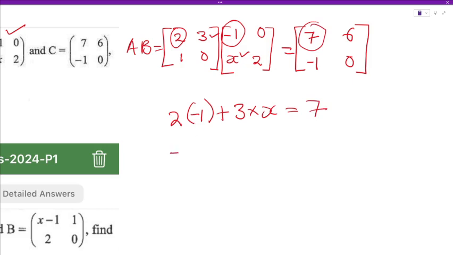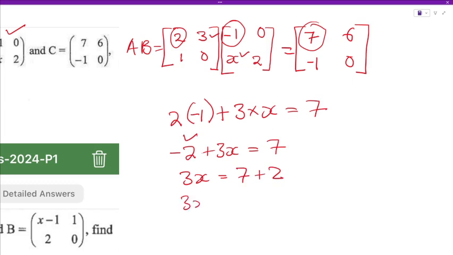So 2 times negative 1 is negative 2 plus, okay, don't make that a habit, the sign might change sometimes. Let's say for example this X is negative, meaning it won't be a plus here. Positive 3 times positive X will give us positive 3X. Then we're going to say 7. So we now group the like terms. 3X will be equal to 7 plus 2, because when this negative 2 crosses the equal sign, it becomes a positive.